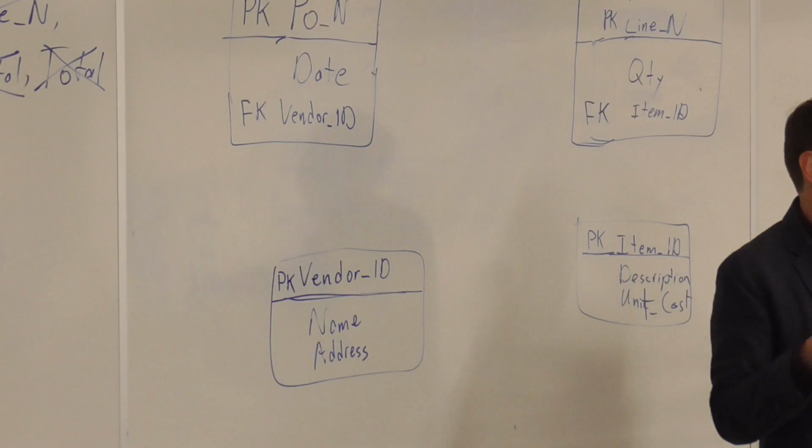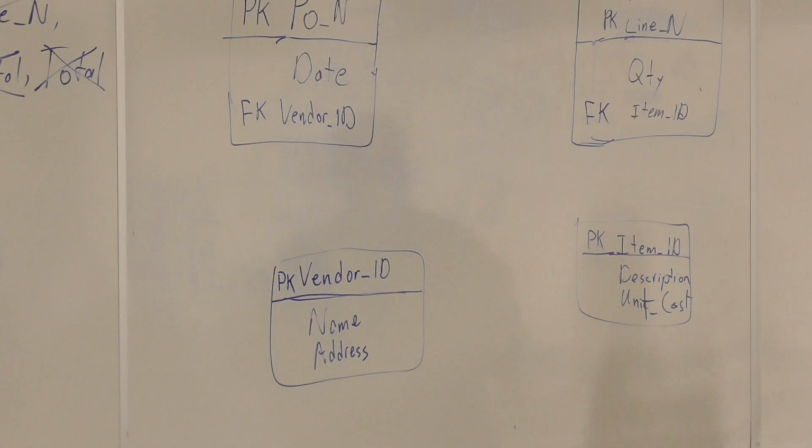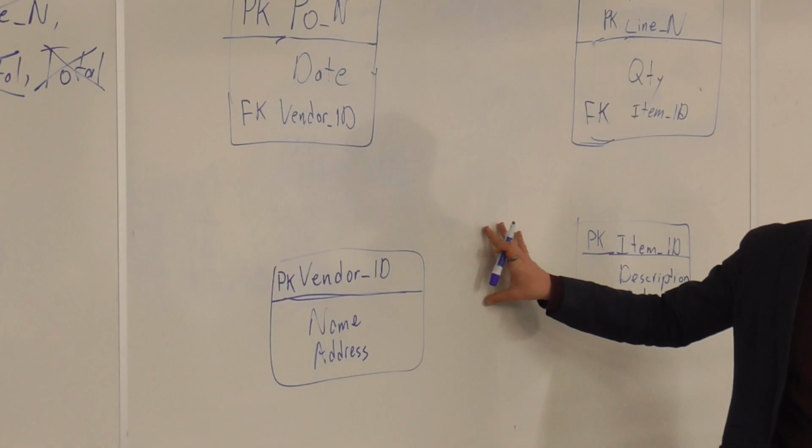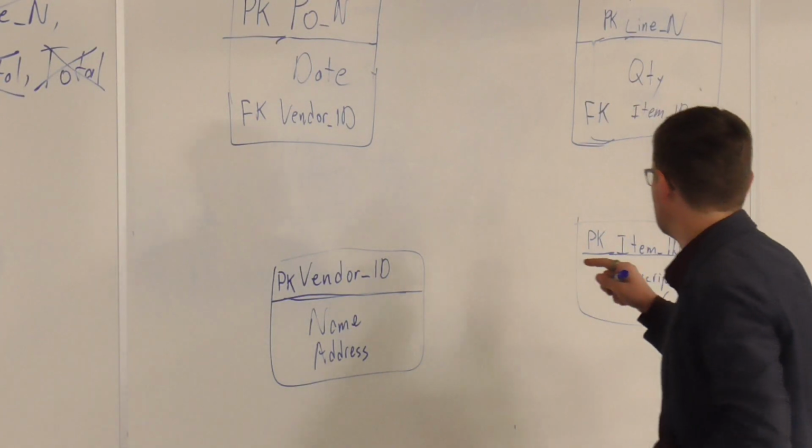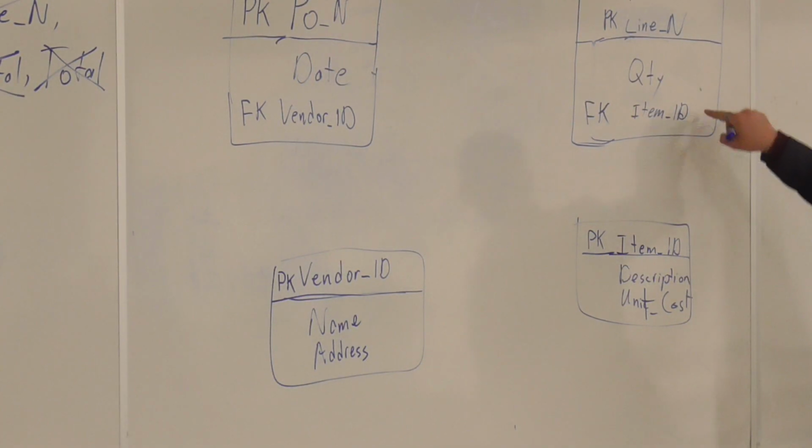I'll tack it to the end of this one. But yeah, I think it was important to do this in a bit more depth and on the board. That's why it took more time. So, foreign key, there we go.